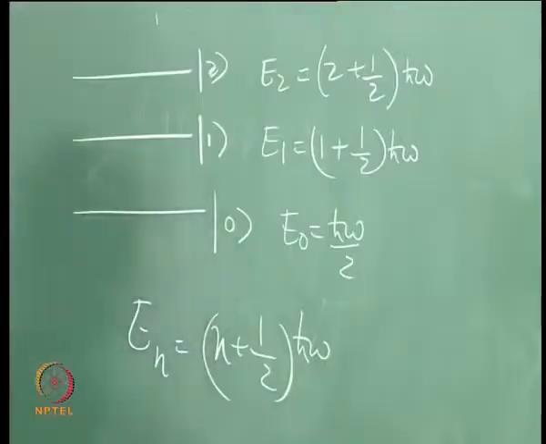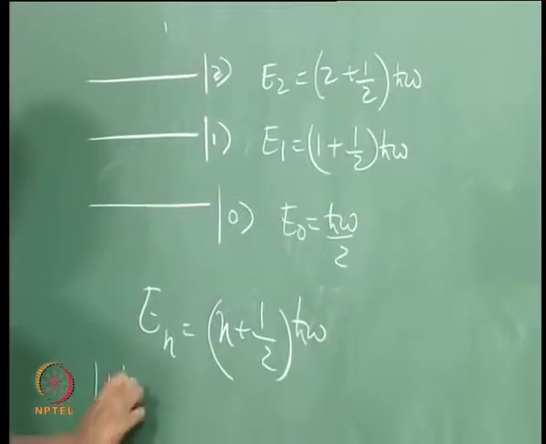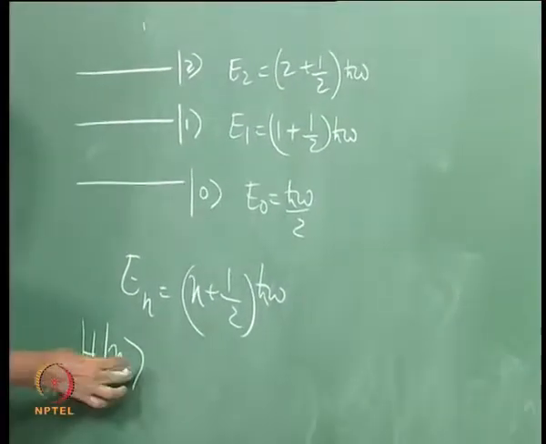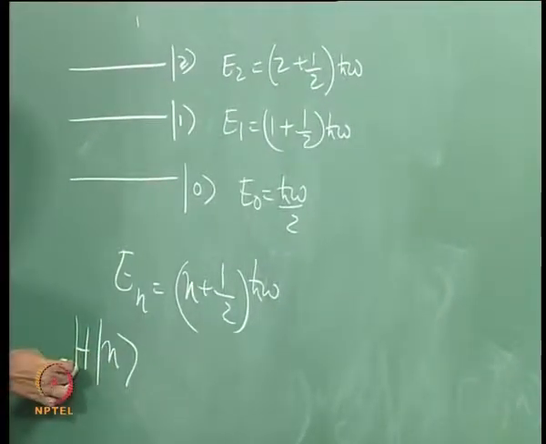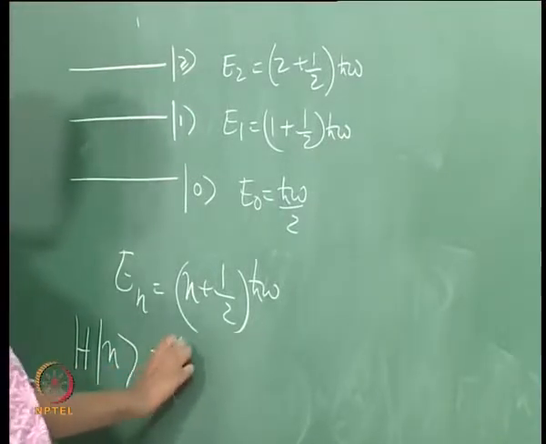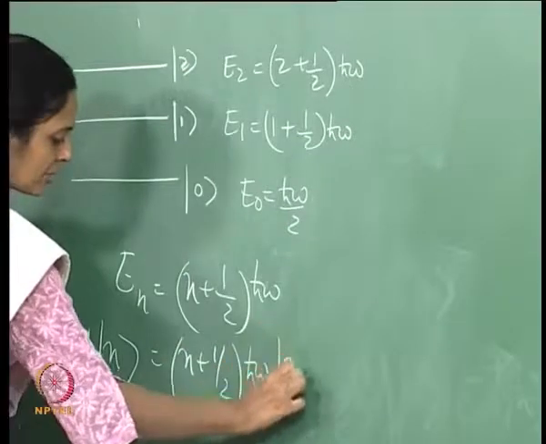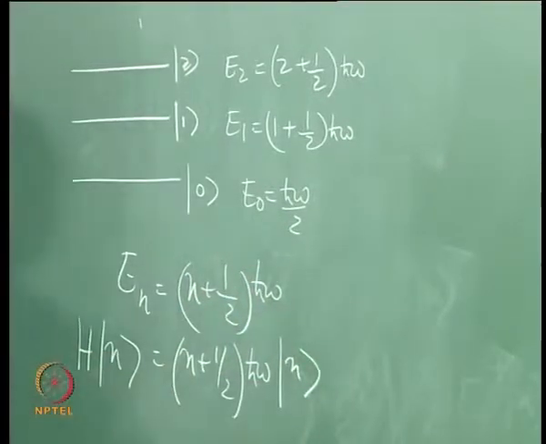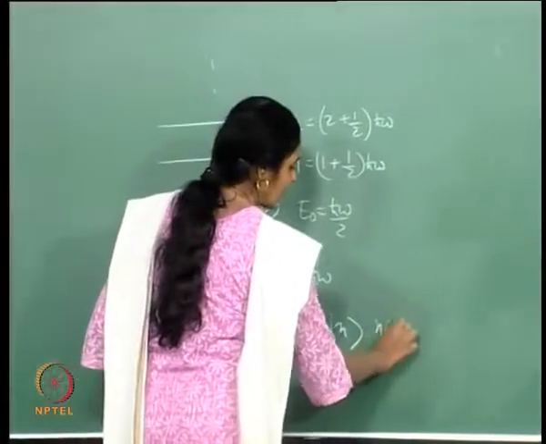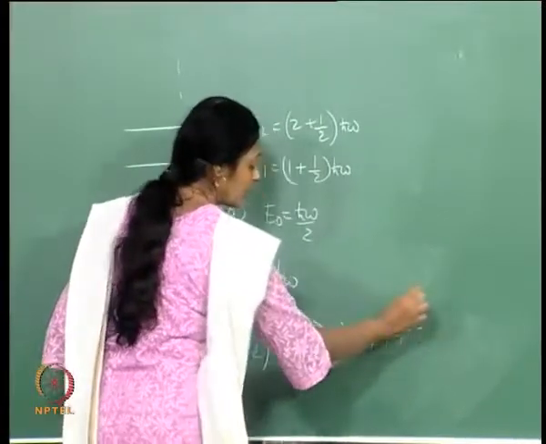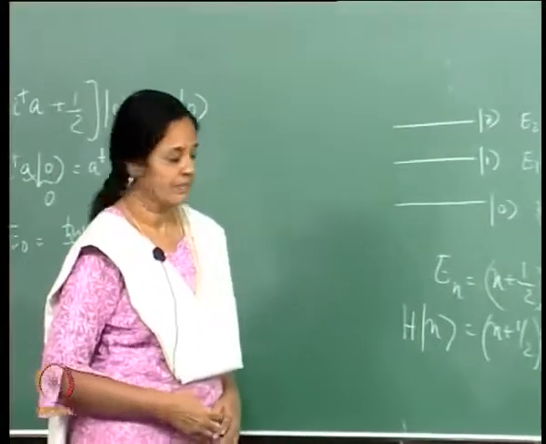I can now write down the eigenvalue equation. Ket n is an eigenstate of the Hamiltonian with energy value n plus half ħω, and n takes values 0, 1, 2, 3 and so on.